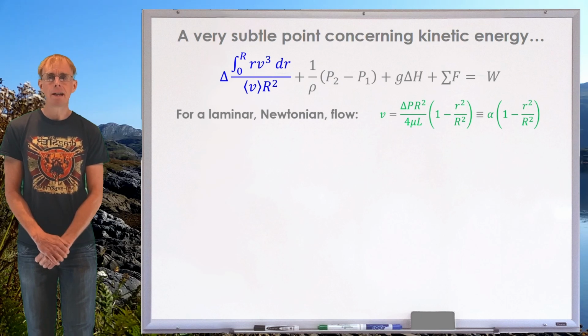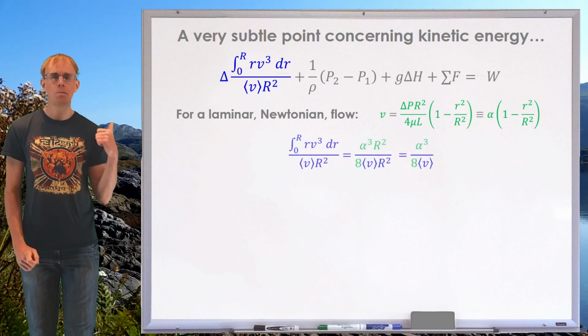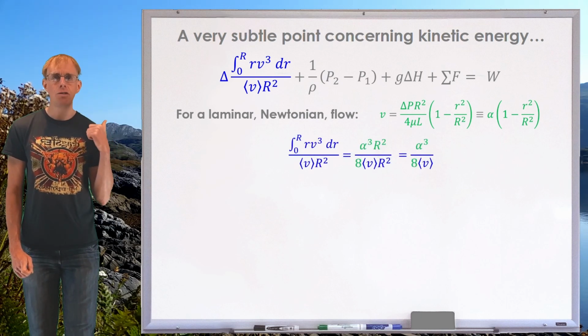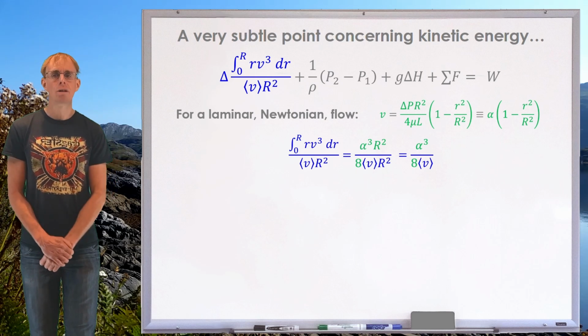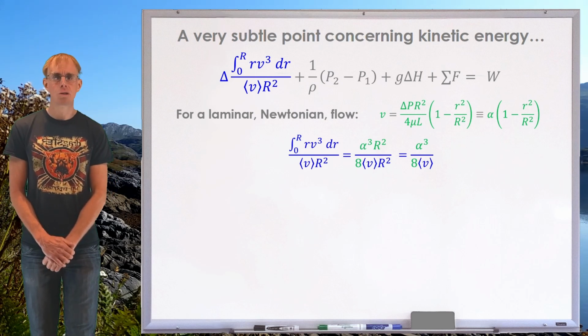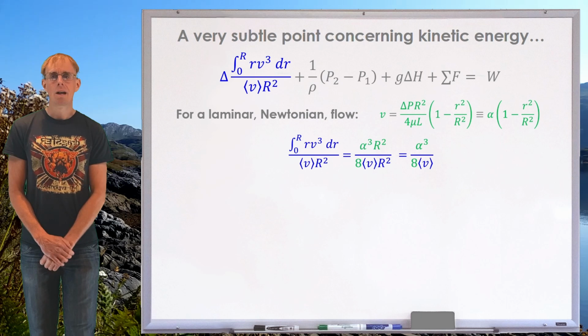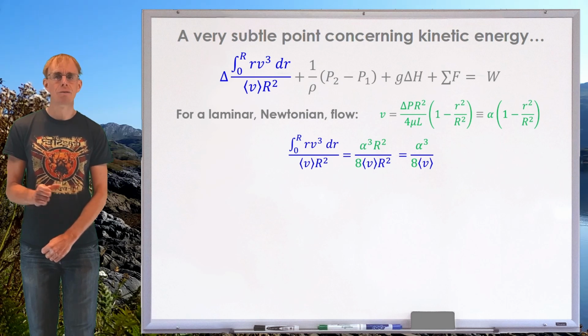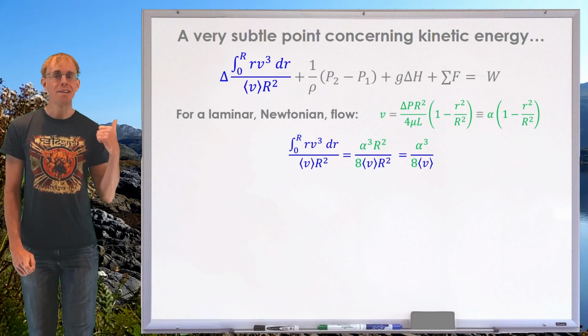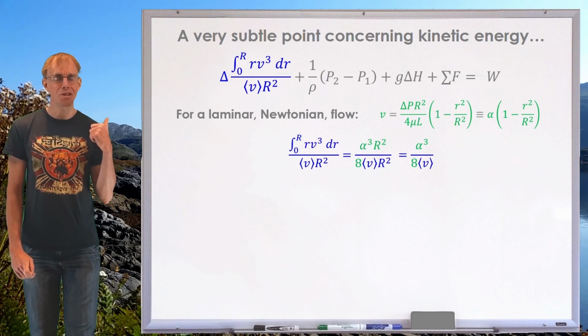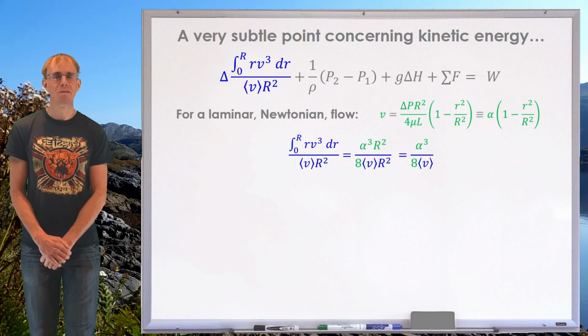So, let's substitute that expression for v into the kinetic energy integral that is proposed by Bird, Stewart and Lightfoot. I'm not going to go through the details of the integration. If we make that integration, we get the following expression. And if you don't believe me, go away and prove it yourself.